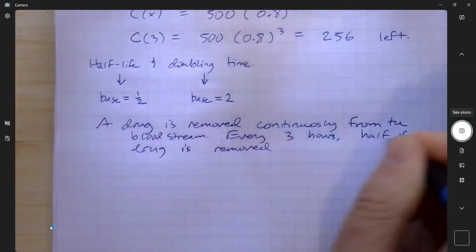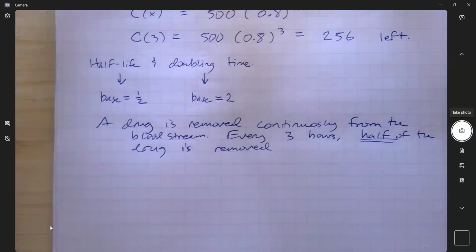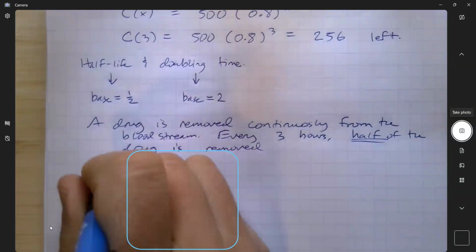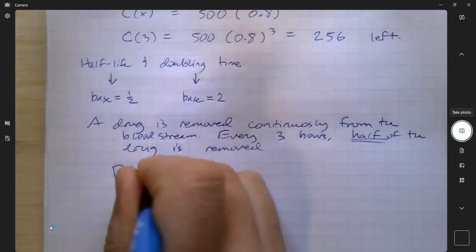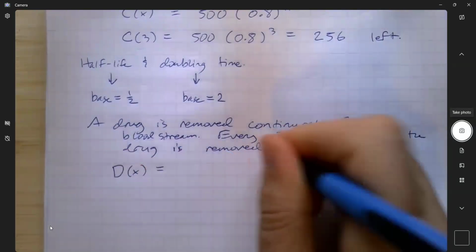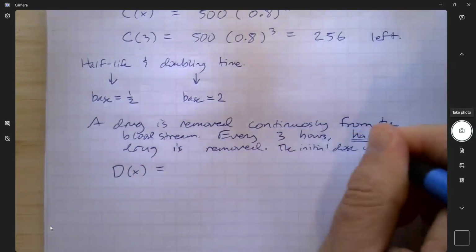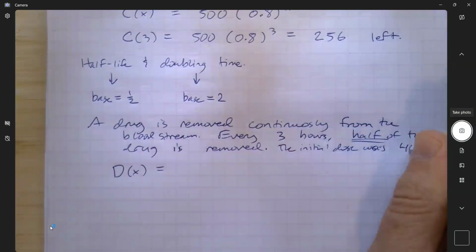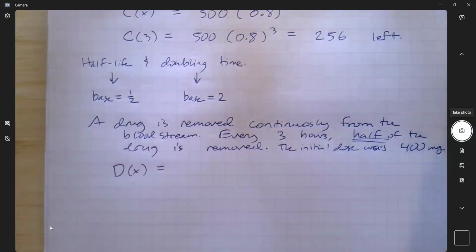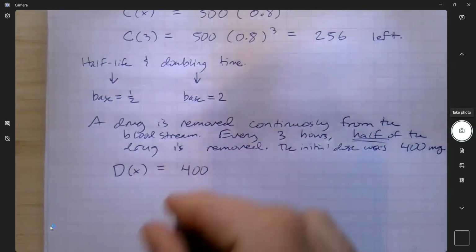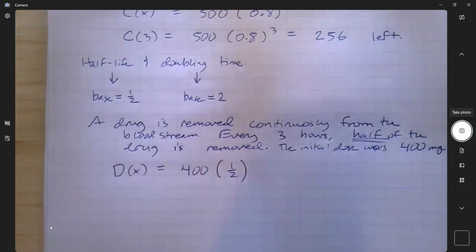All right, the key here is this half. That tells you that the base is going to be a half. So our formula for this is drug at time x. Oh, yeah, the initial dose was, let's say, 400 milligrams. So again, we start with our initial 400, and now the base is just always going to be 1/2.